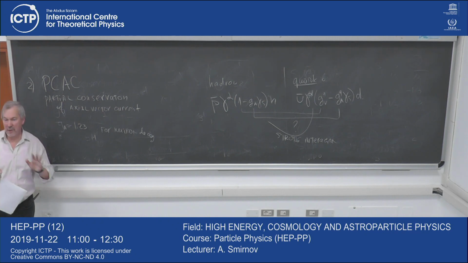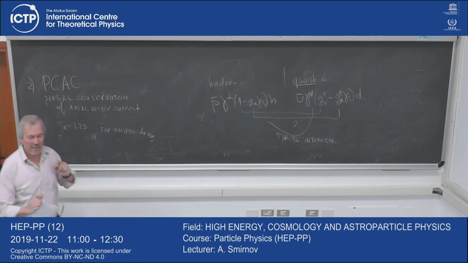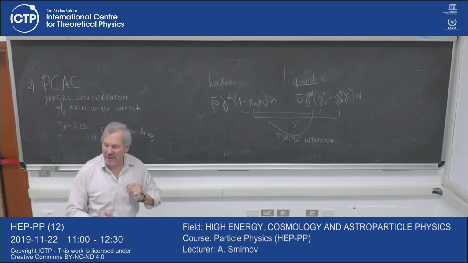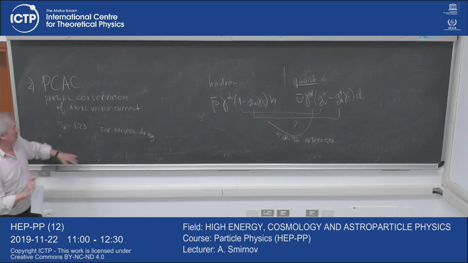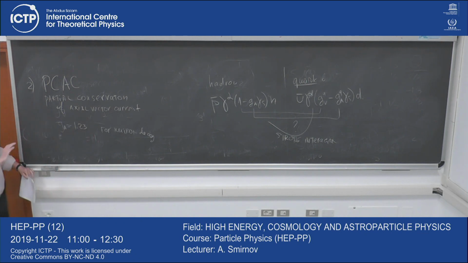For instance, if you consider beta decay of nuclei, this G can be different. It can be even smaller than 1. This is what we now call quenching of this coupling. And people from the reactor neutrino community are struggling with understanding this GA and its effect. It also depends on the energy, yeah.